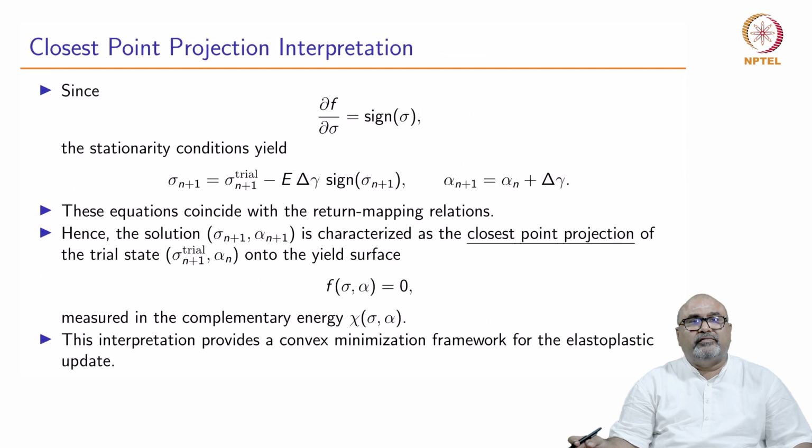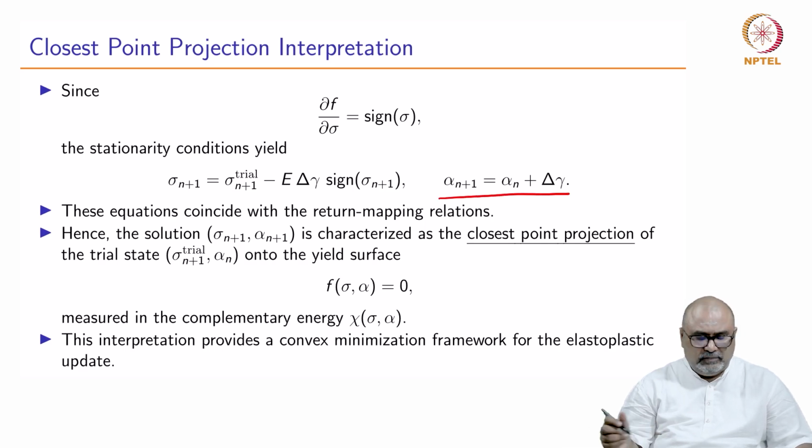Now, since dou f by dou sigma is equal to sign of sigma, the stationarity condition will result in sigma n plus 1 equal to sigma n plus 1 trial minus E delta gamma sign of sigma n plus 1, and alpha n plus 1 equal to alpha n plus delta gamma. These equations from a closest point projection interpretation coincide with the return mapping algorithm that we discussed earlier.